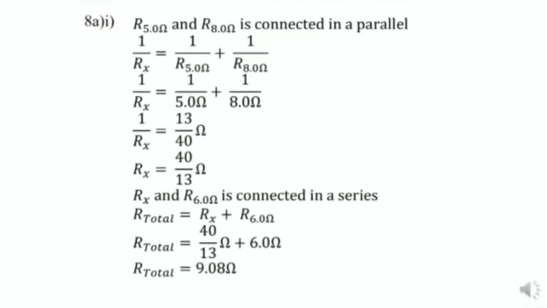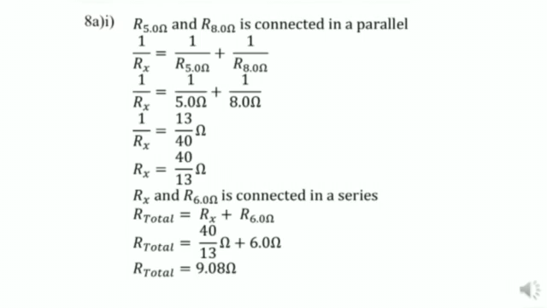The resistance of 5.0 ohms and resistance of 8.0 ohms are connected in parallel, so we must use the formula of the circuit connected in parallel, which is 1 over Rx equal to 1 over R 5.0 ohms plus 1 over R 8.0 ohms, and we found that Rx is equal to 40 over 13 ohms.